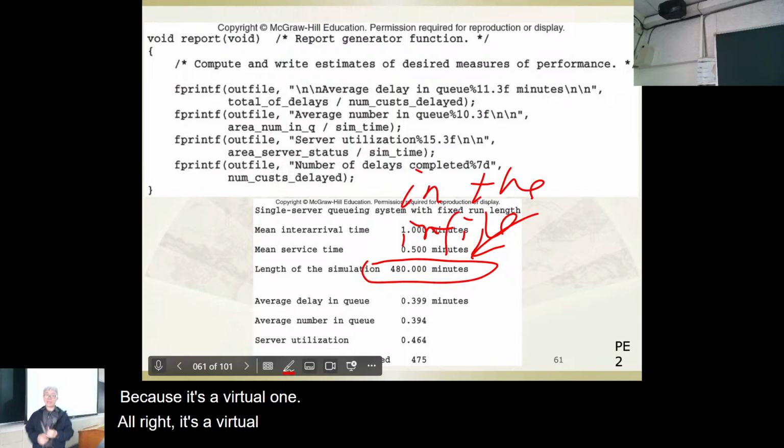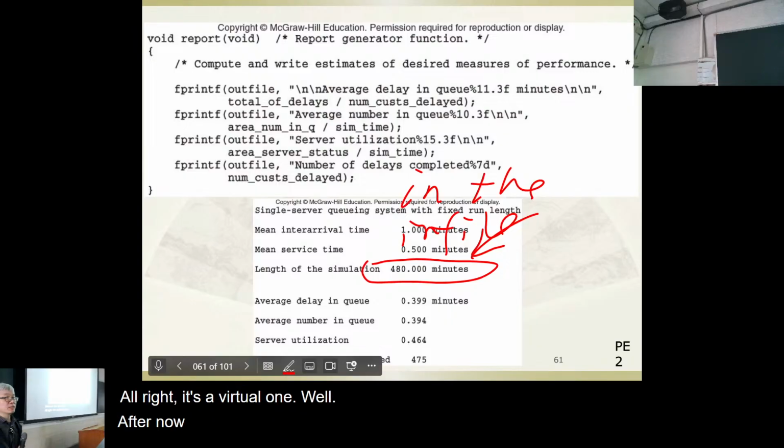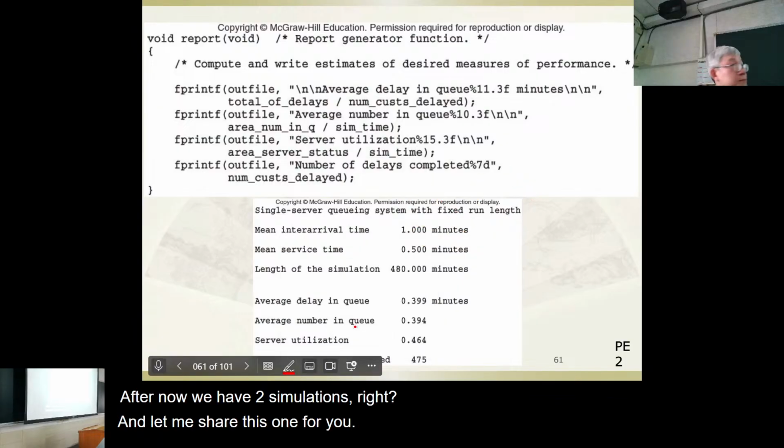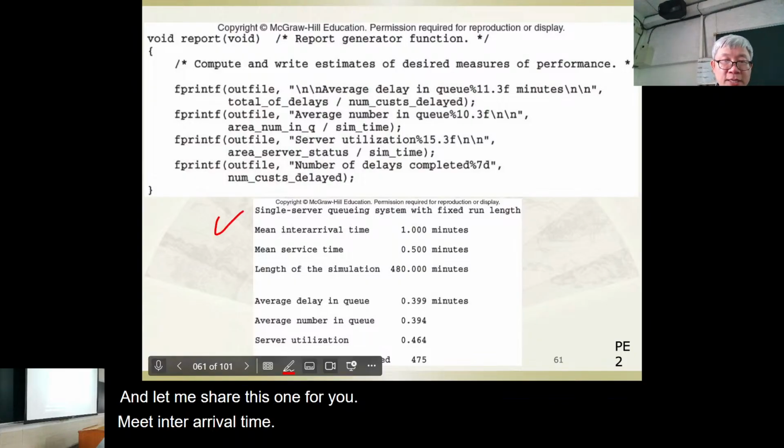Up to now we have 2 simulations, right? And let me share this one for you. Mean inter-arrival time and mean service time.